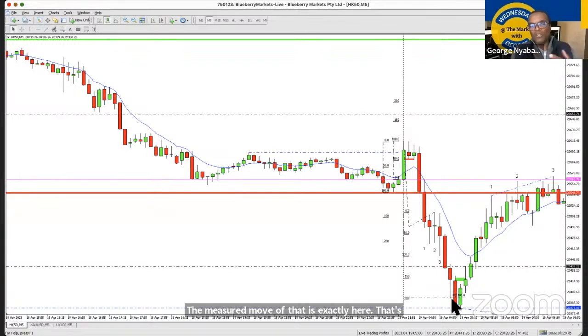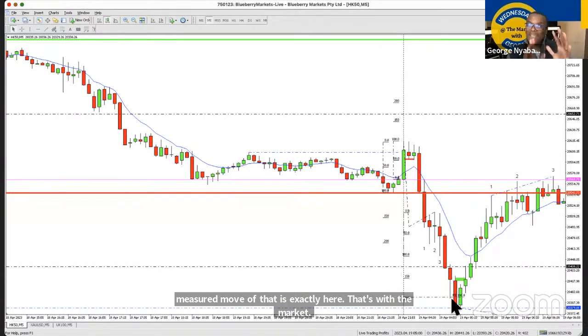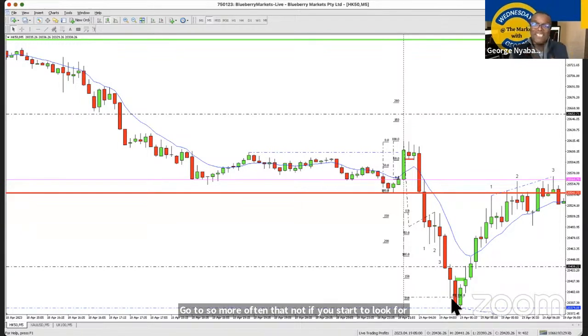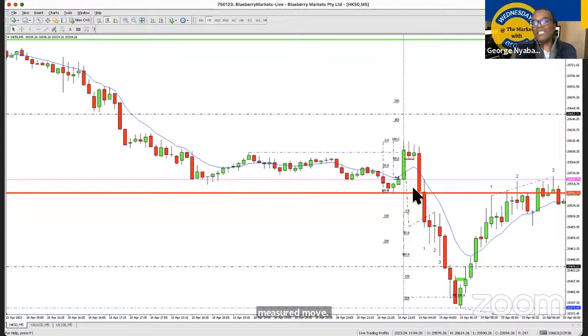So more often than not, if you start to look for patterns that you're expecting to hold and the pattern fails, the market is likely to go for a measured move. The other pattern that was there is that right from the open, the selling, the tails, this bear breakout, the pullback started here.